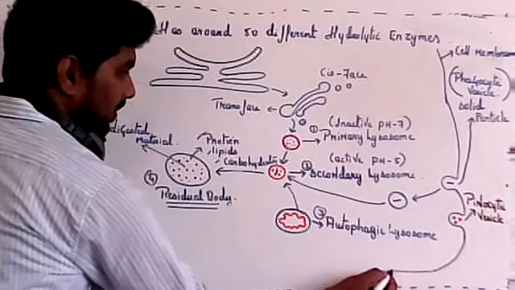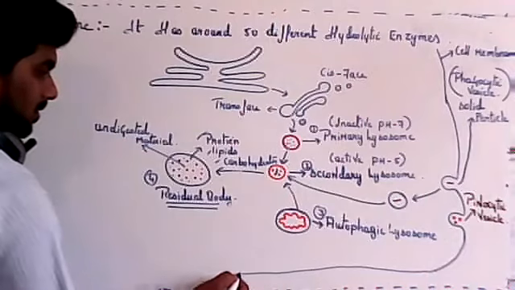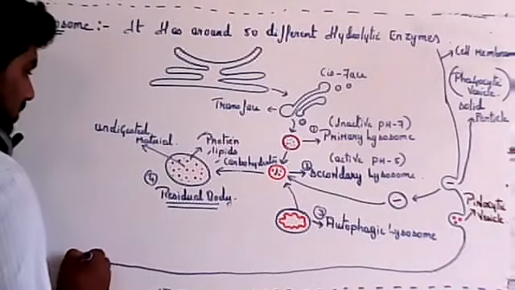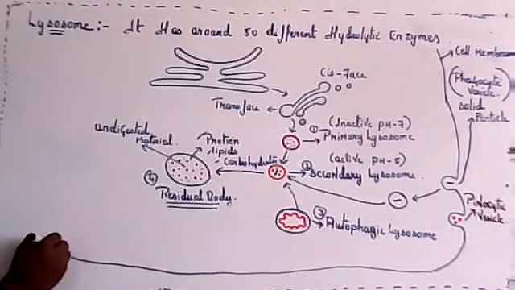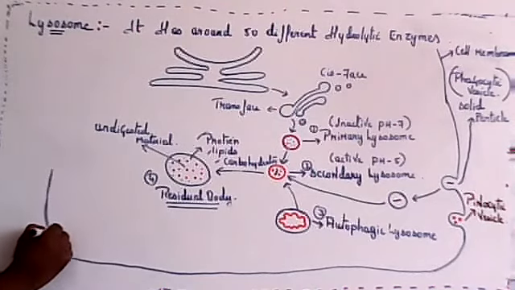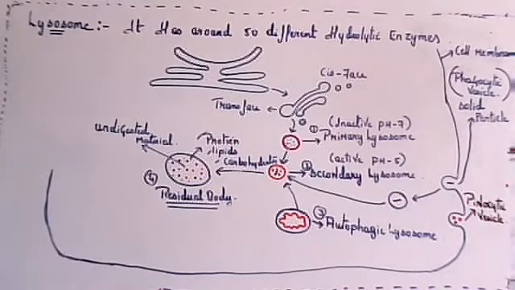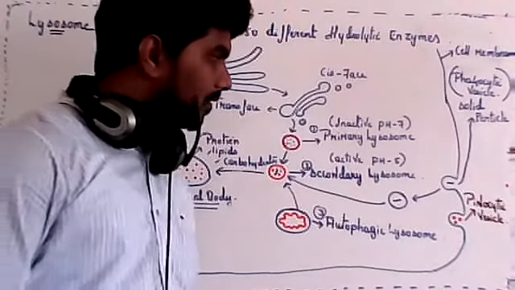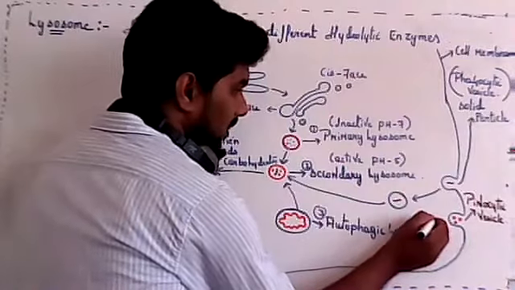Now, this will be the cell membrane. I'll just extend this membrane as far as possible. So there are two kinds of vesicles. One is pinocytic.